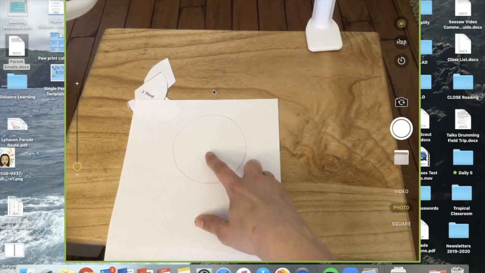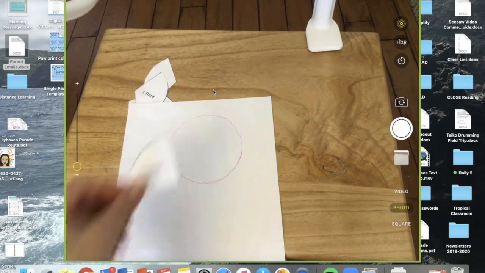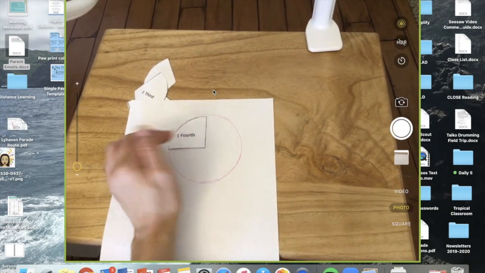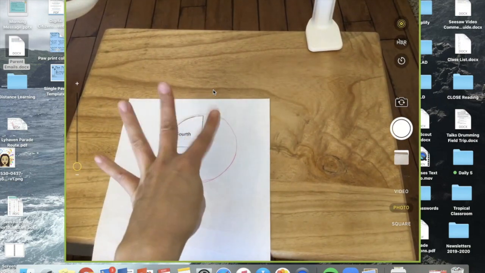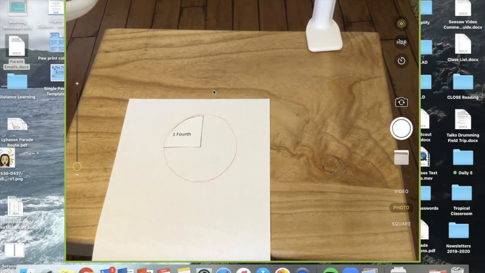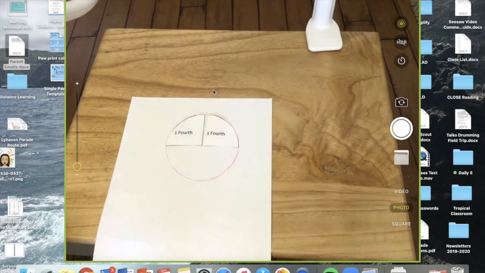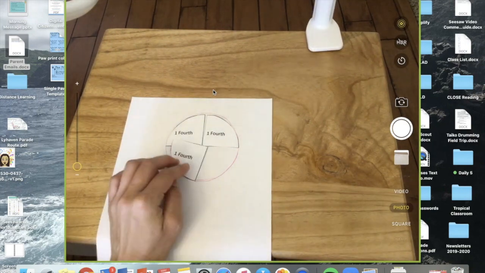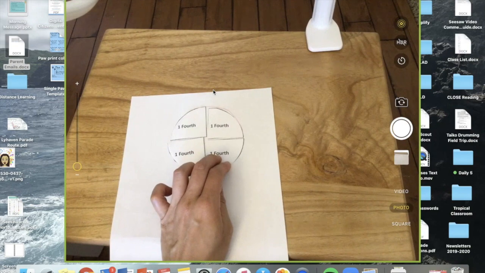And then I'm going to partition it using little pieces, but this time I'm going to use fourths, okay? So remember, fourths. So I have 1/4 right now. Think about how many more pieces do I need to show one whole. So I'm going to add on. I have 1/4, 2/4, 3/4, and 4/4, okay?